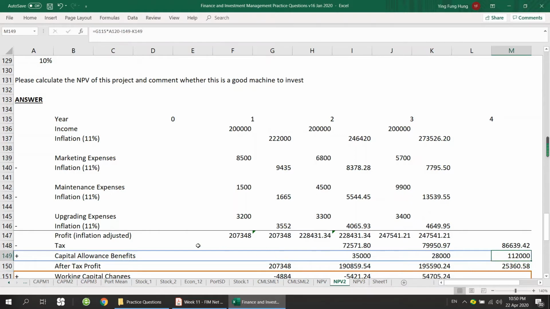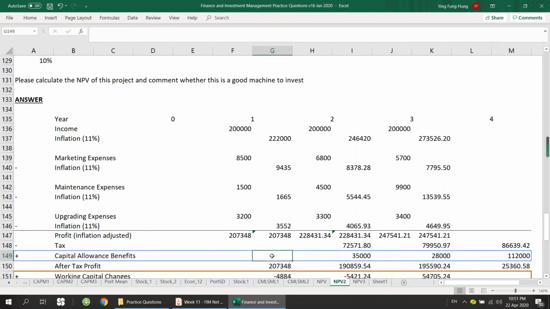After calculating the tax and the capital allowance, we are able to calculate the after-tax profit. The after-tax profit for the first year is simply the profit minus the tax plus the capital allowance benefit.